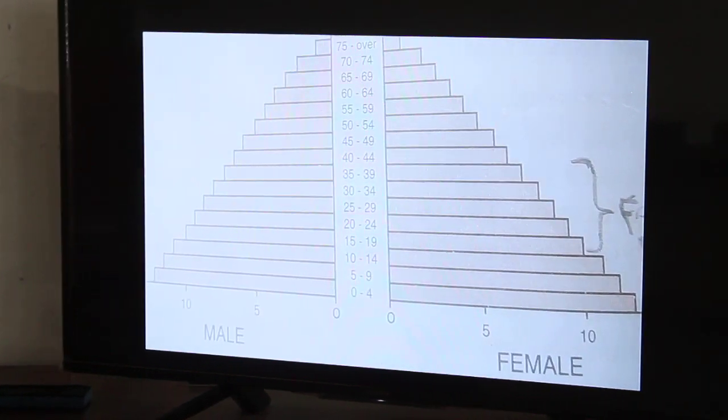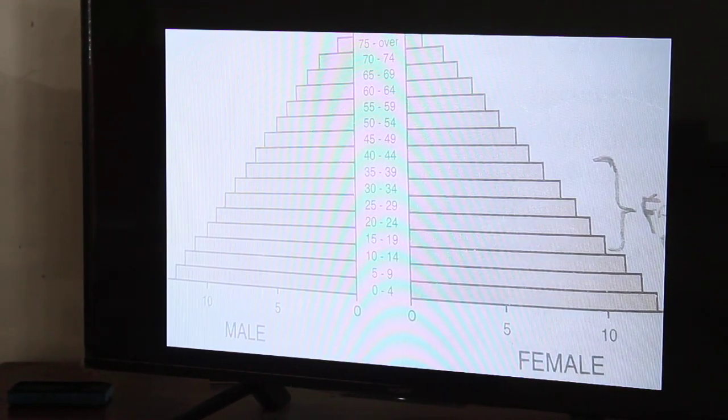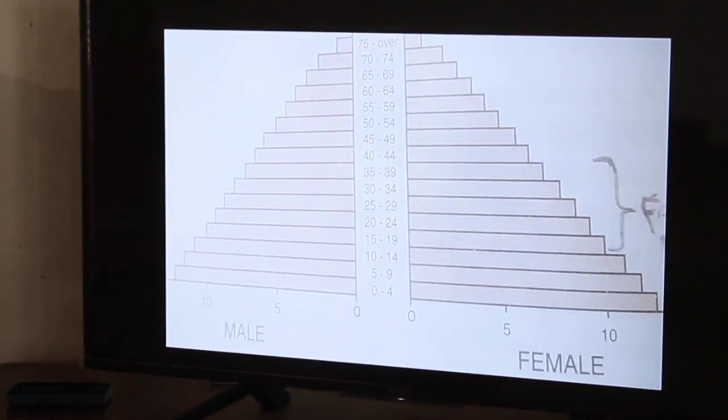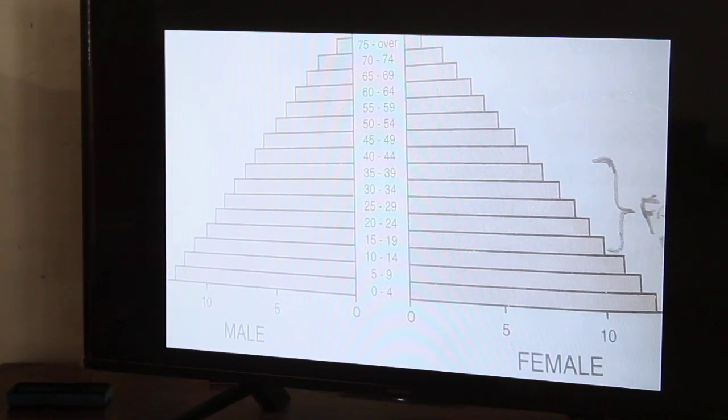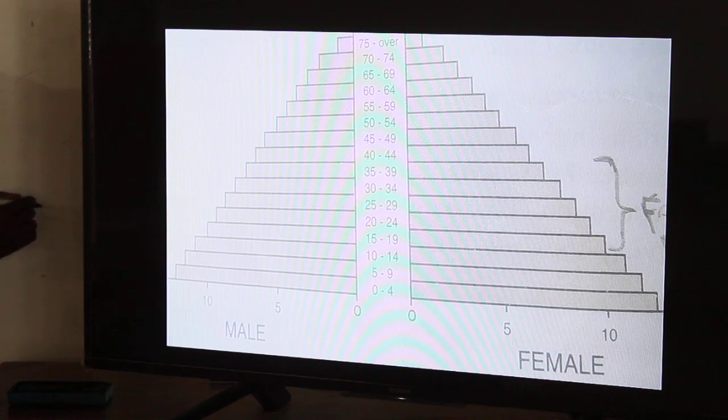As I've said, it is divided into two. Okay, we have our population, that is this side we have males, and here we have the female.